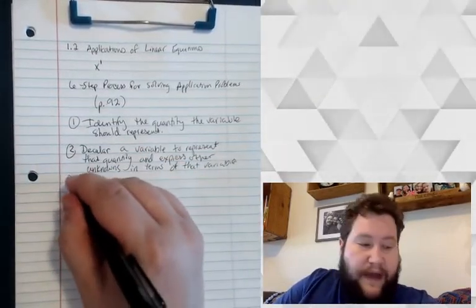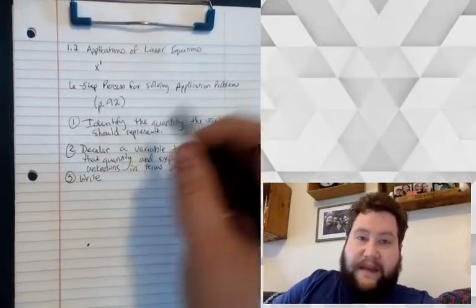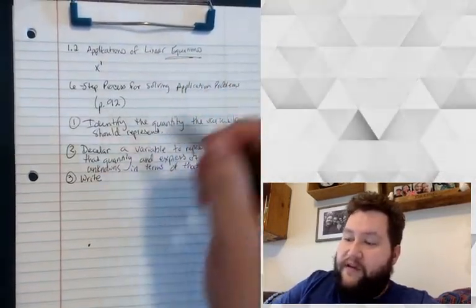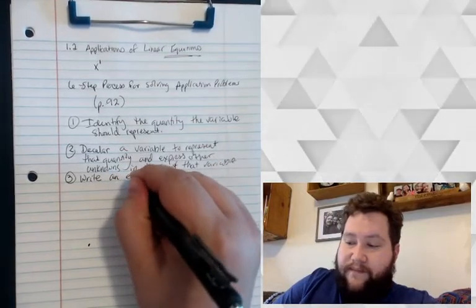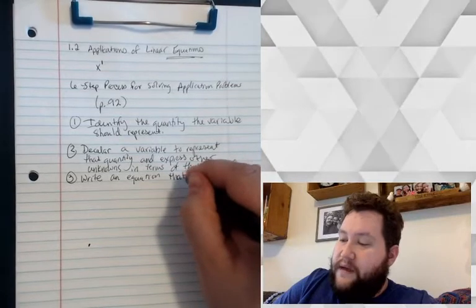And then after we do that, we're going to write an equation, right? Because at the end of the day, we're looking at linear equations. Write an equation that relates those unknown quantities.